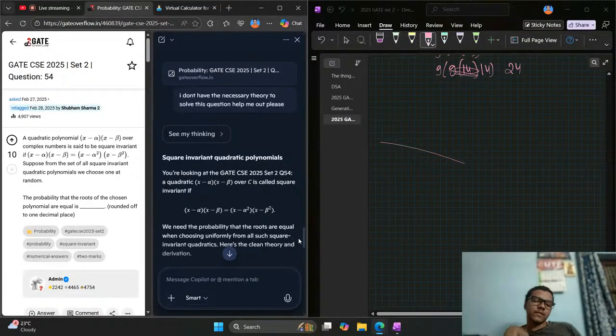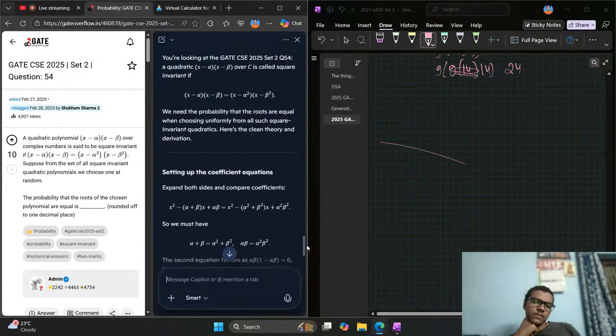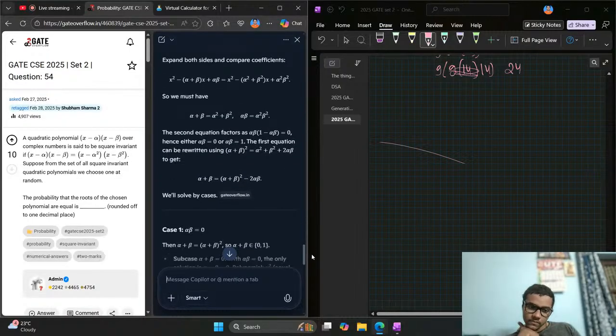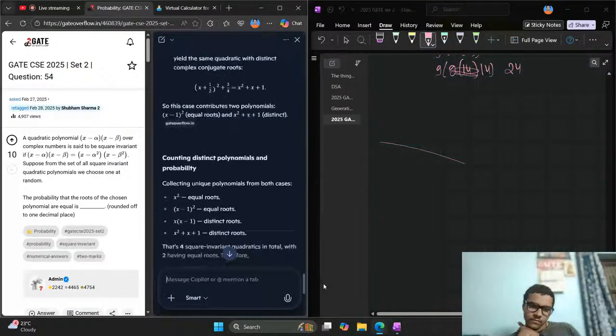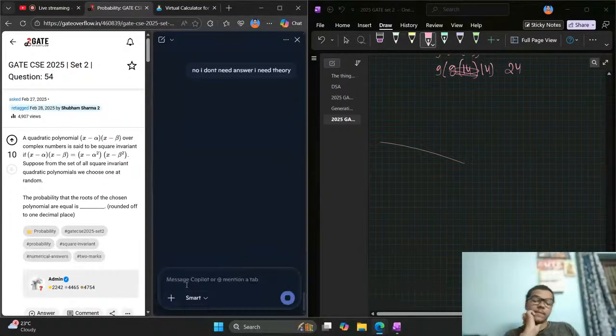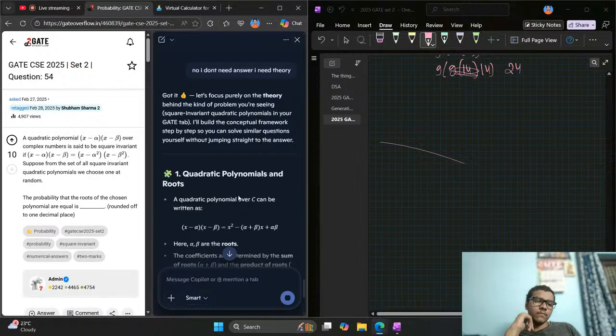We are looking at it. It says we need the probability that the roots are equal, choosing uniformly from all square invariant quadratics. I don't need the answer, I need theory. Quadratic polynomial and roots, okay.